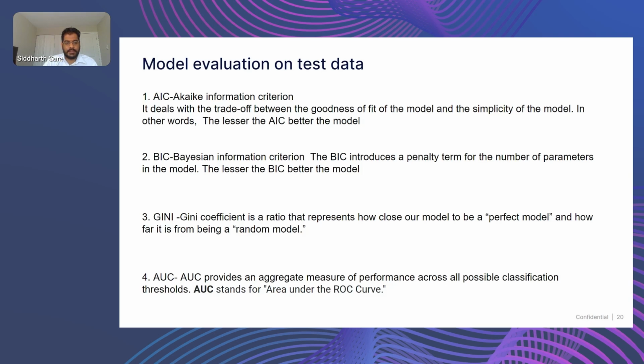Gini and AUC should increase; the more Gini and AUC you find, the better the model is performing. So these are the four criteria which we use, but you can use your own criteria. There's no limitation on how you compare the model. You can use any number of criteria which you find better to use.